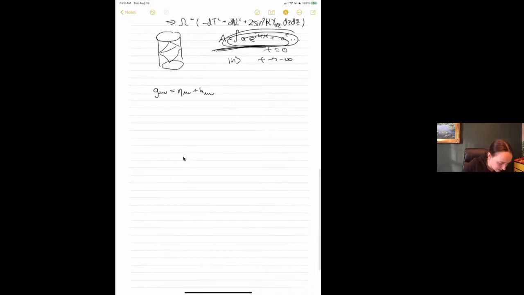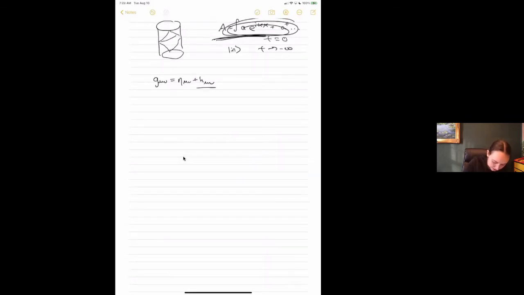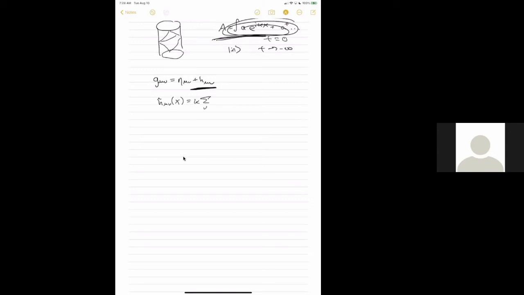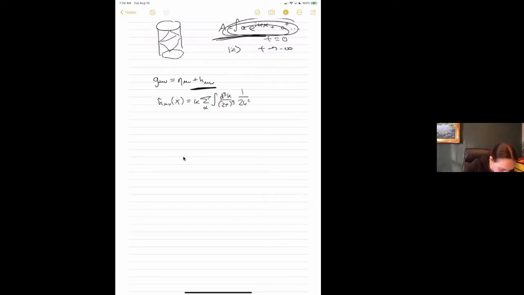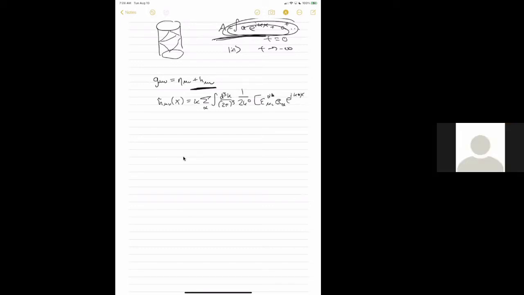What I'm going to do now is look at what the free mode expansion would be for my operator. So I have some polarizations, d cubed k over 2k0, epsilon mu nu alpha star, a alpha, e to the ik dot x, plus h.c. So of course I also have the creation annihilation operators here.